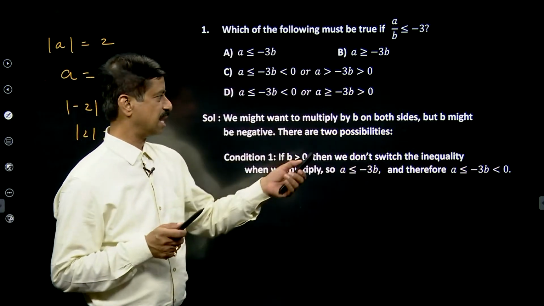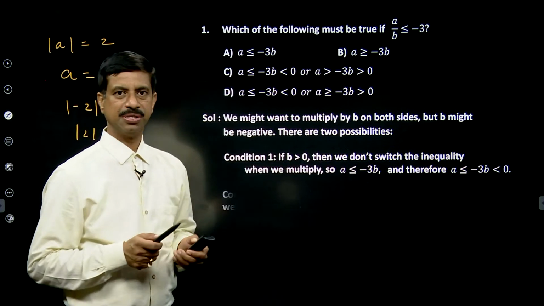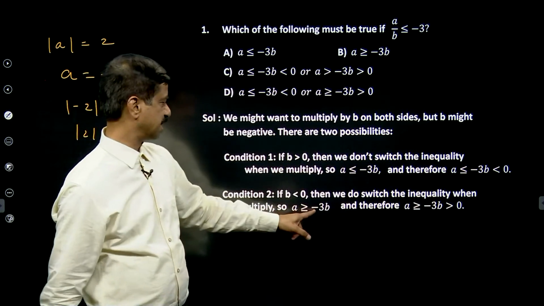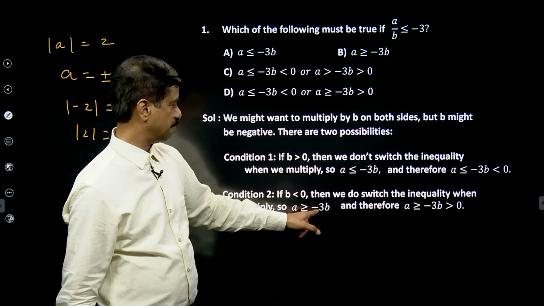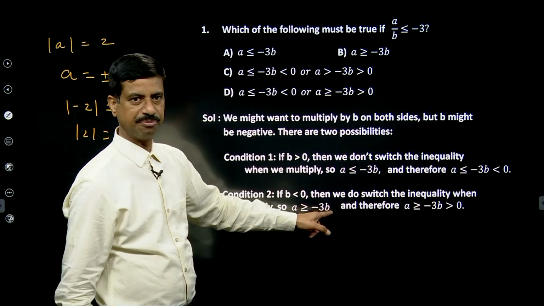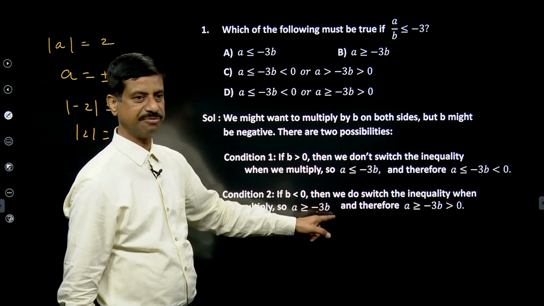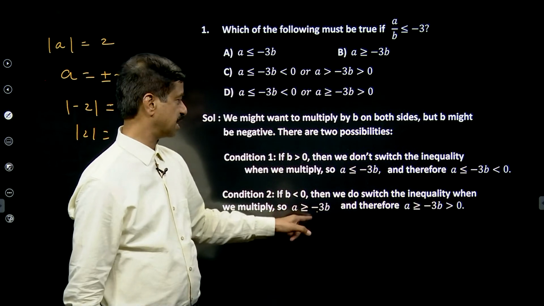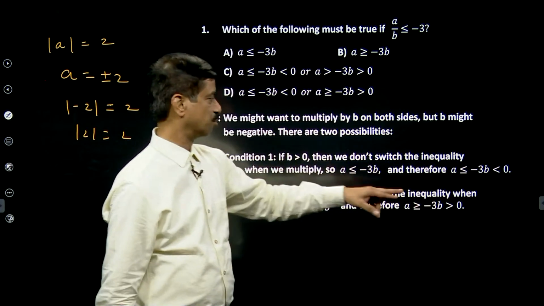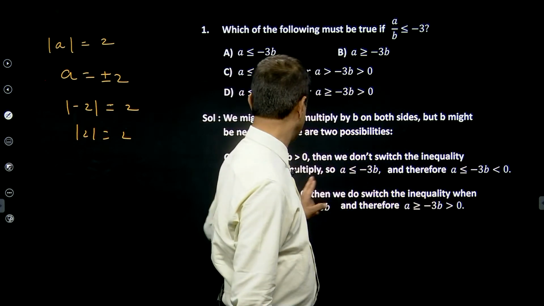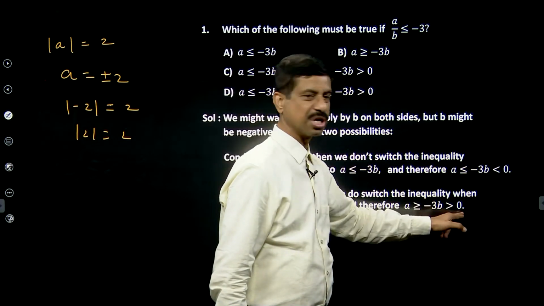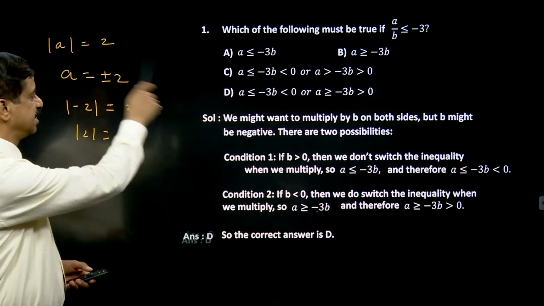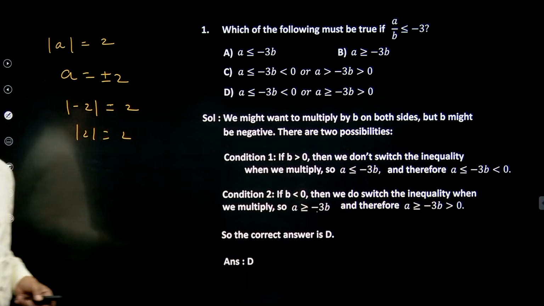If B is equal to 0, then that becomes 0, otherwise it will be less than 0. Now, if B is less than 0, then minus 3 into negative is positive, therefore the sign changes, and here the direction changes. So, A is greater than or equal to minus 3B, and of course, as this is minus 3 into negative, it is positive, so greater than 0, right children. So, which option satisfies? Option D satisfies. Please note it fast.